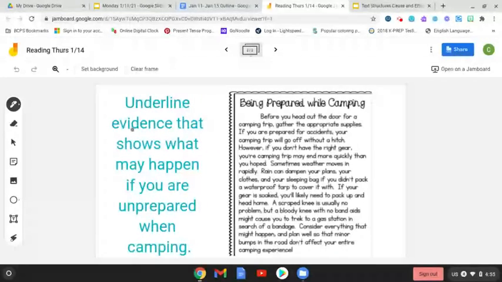And then here you have a question. Underline, well, it's kind of a question, underline evidence that shows what may happen if you are unprepared when camping. So here the cause would be being unprepared. So you're looking for the effects of being unprepared while camping. So that is your assignment today, and I hope that helps.